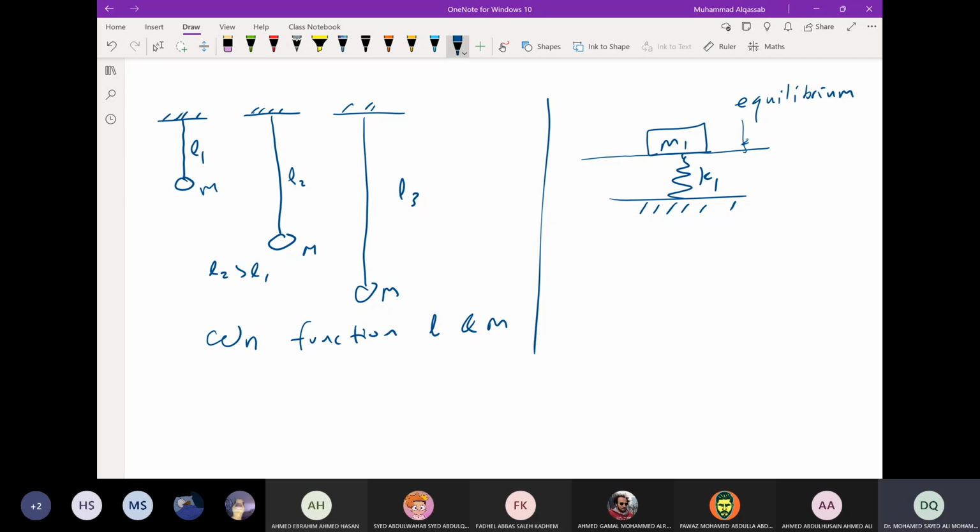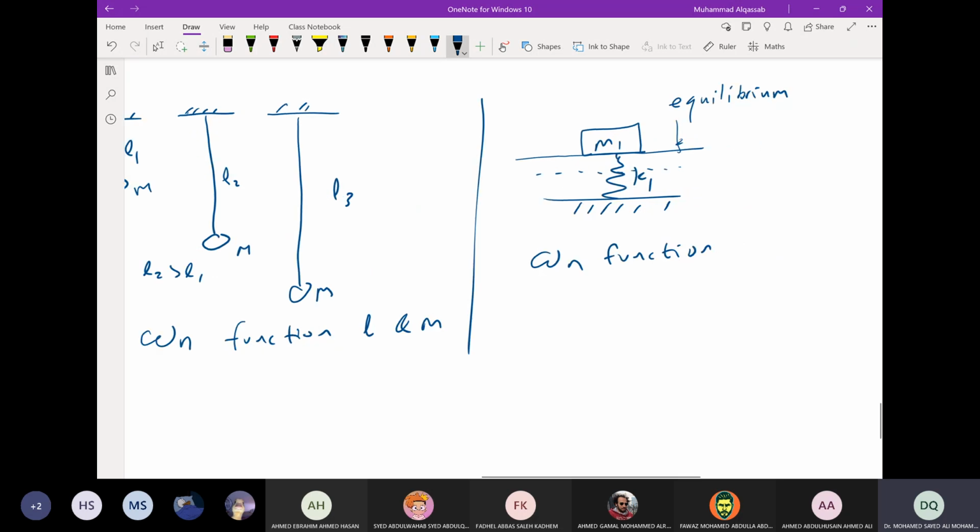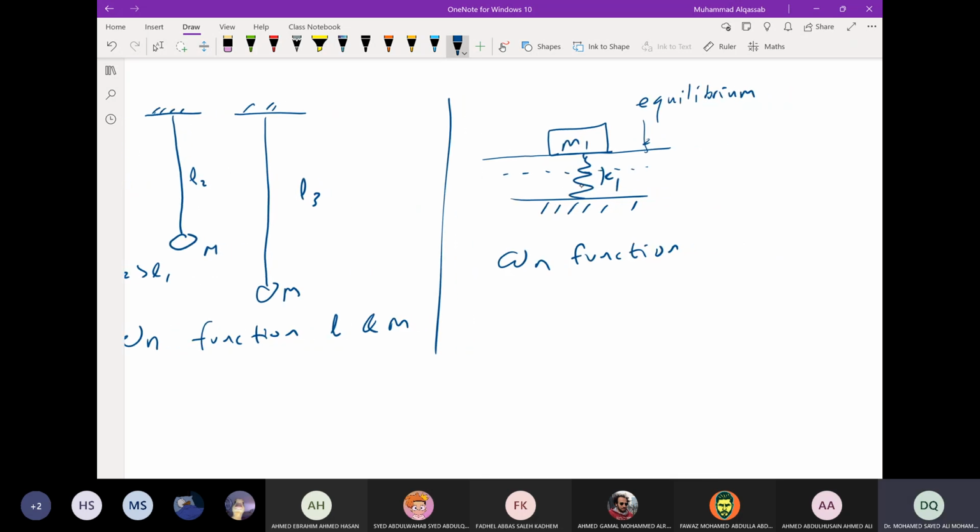Let's say you push M1 downward with your hand so it deflects to a certain level, and then you remove your hand. Then it will keep oscillating about the equilibrium position. So omega n here is a function of the parameters of the system, which are M1 and K1, a function of M and K.